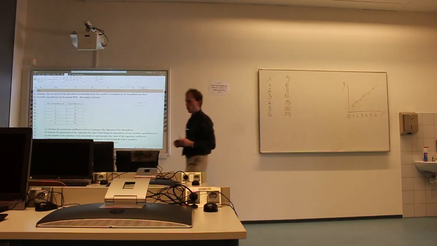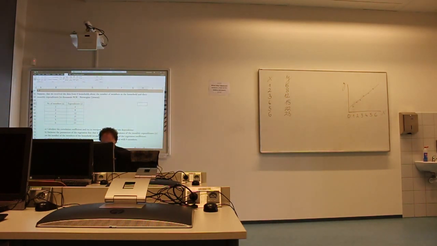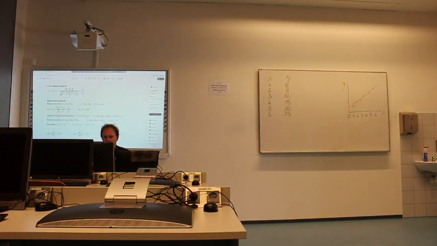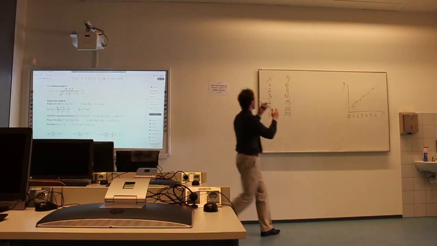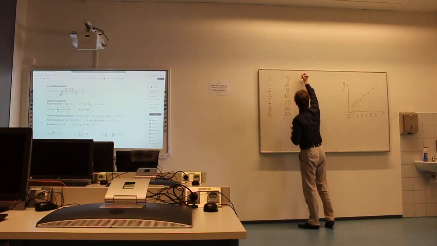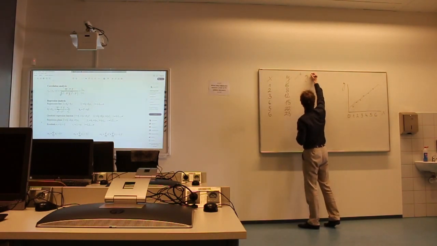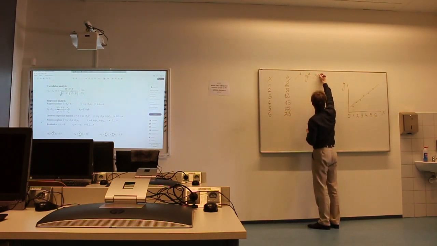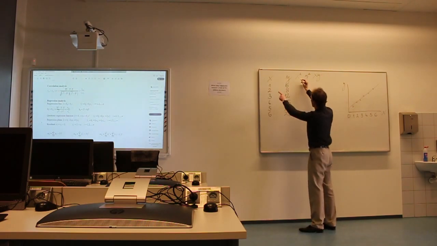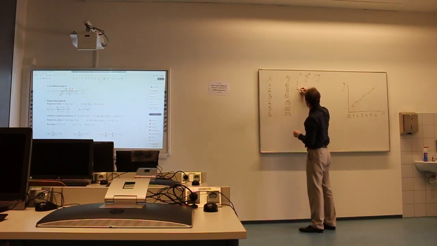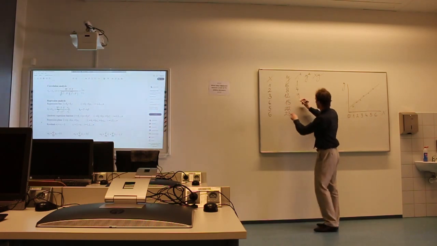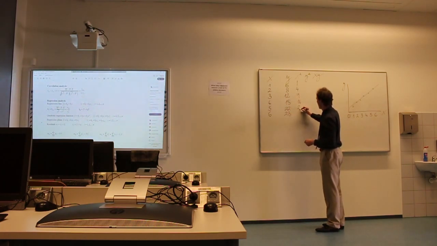If you check your formulas, you can see that we need to calculate the second power of variable x, the second power of variable y, and the mutual multiplication: x squared, y squared, and xy. X squared: 1, 4, 9, 16, 25, and 36.